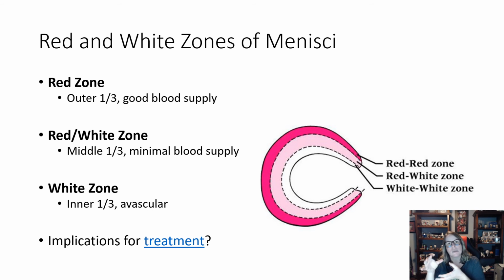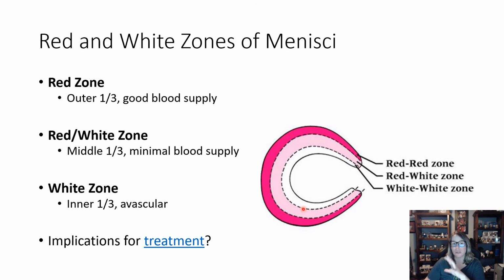The meniscus does not get a lot of blood supply. It does on its outer edges because it's sort of on the outside edge of the joint, and we call that the red zone. The inner portion does not get blood supply, and that's called the white zone. And in between is the red-white zone.